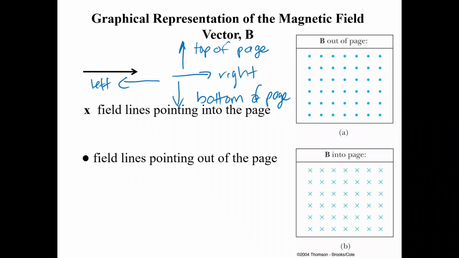And then for into and out of, sometimes you see these represented with circles as well. When you have an X, that represents into the page. Picture an arrow with an arrowhead at one end and fletching at the other. If you were to look at the arrow dead on, the very first thing you would encounter is a point.